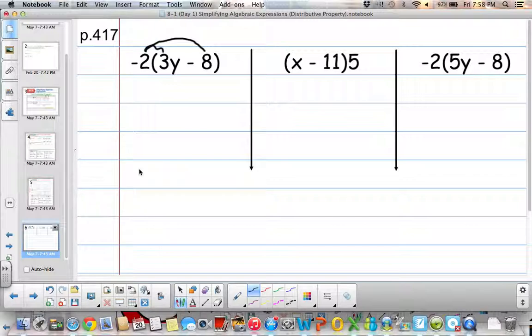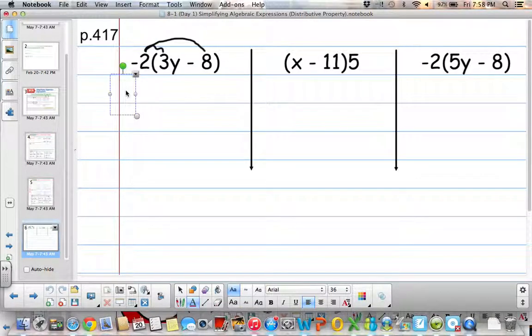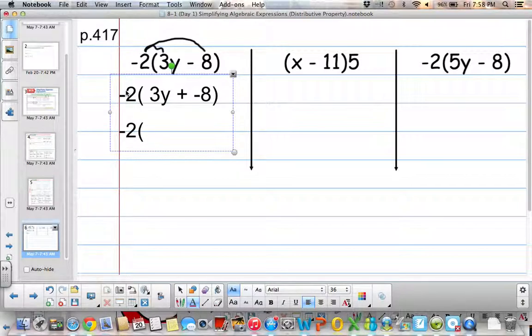So here we would have negative 2, and then I'm going to rewrite this as 3y plus negative 8. So now I would have negative 2, and now I'm going to multiply it by the whole 3y plus negative 2 times negative 8. So negative 2 times 3y, negative 2 and 3 are like terms, so we can combine those.